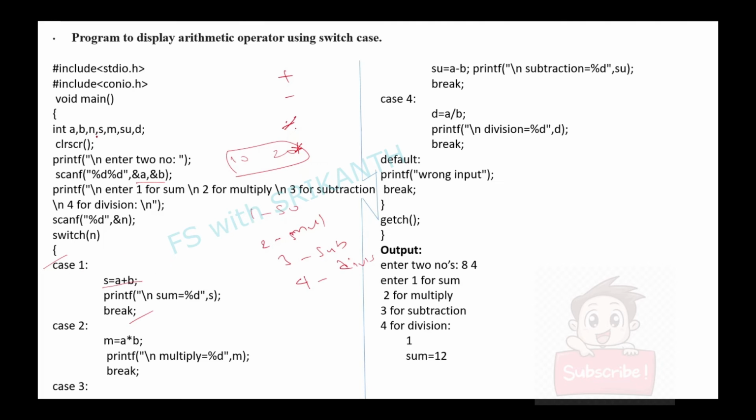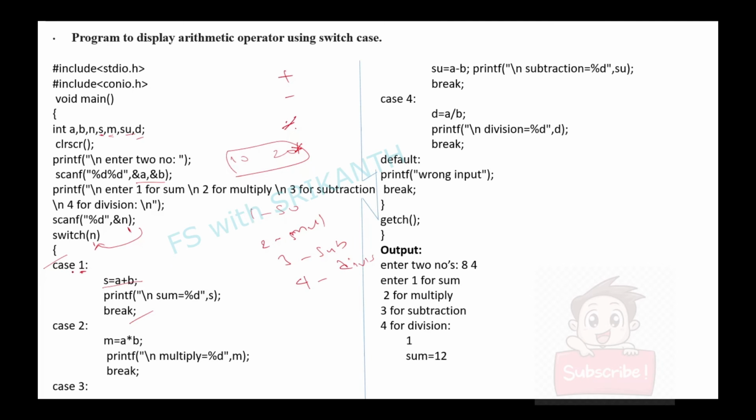So we need variables: s is for sum, m is for multiplication, su for subtraction, d for division. When the user enters 1, n stores 1, and that value is forwarded to the switch. Automatically it compares, is the case value 1, right or not?